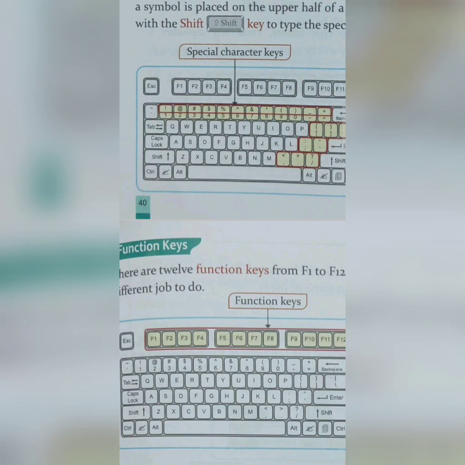So suppose you need to type an exclamation in a particular sentence, how will you type? If you press that 1, the number 1 will come instead of that exclamation. So to bring that exclamation, you have to press shift and that 1 button simultaneously, and then you will see that the exclamation mark has come.